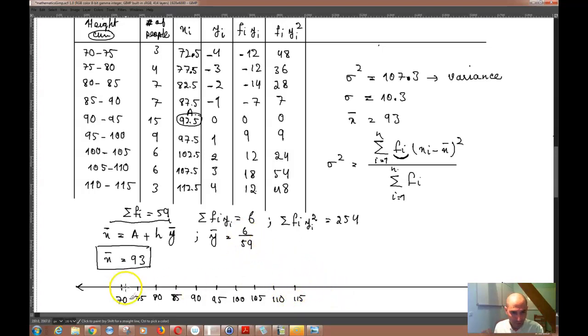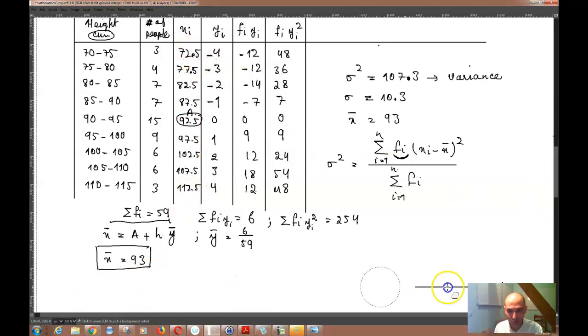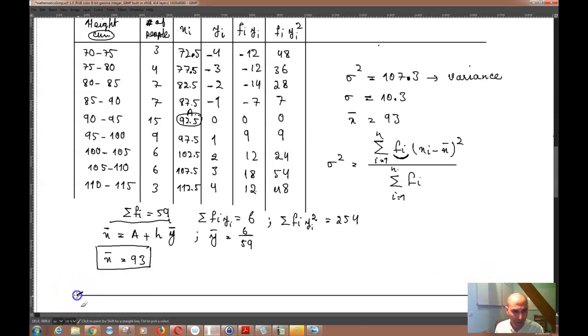So these are all of your observations. This is the minimum of your observations as far as these classes are concerned. Or you can take even these numbers over here, which go from 72.5 all the way up to 112.5. The mean of all of these observations was 92.5. Let's say that this is 92.5.